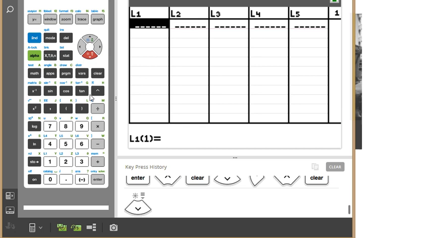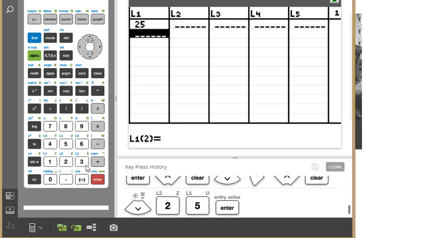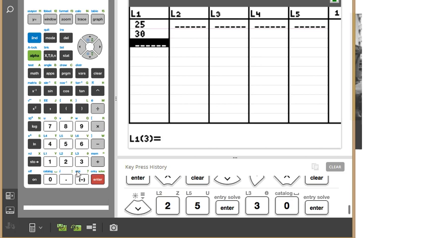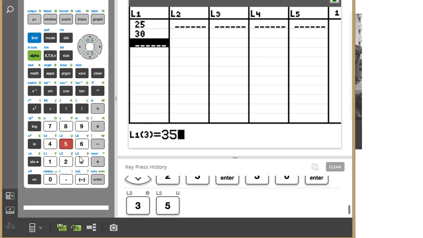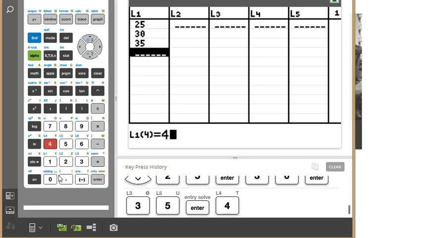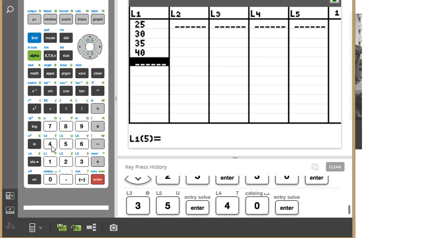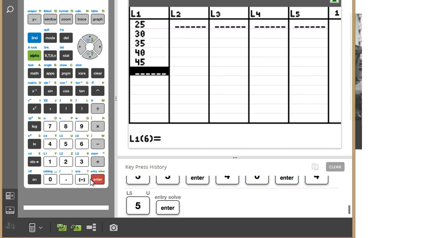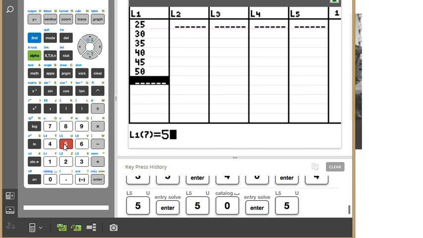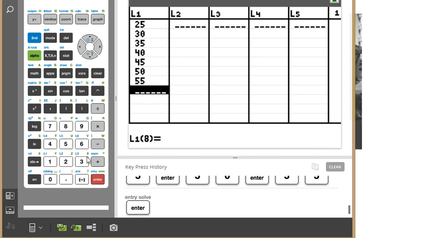So we're going to have 25, 30, 35, 40, 45. Our ticket prices are going up by increments of $5 per ticket, which, when you think about it, is a real-world type problem.